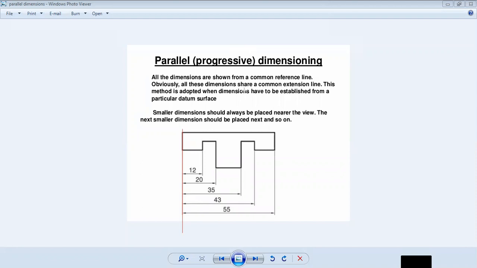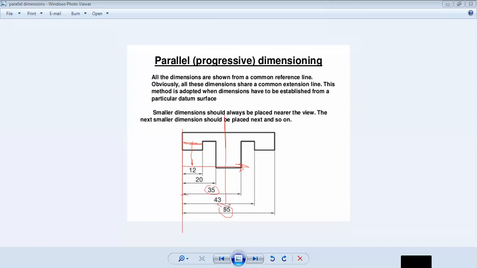Now one more thing, pay attention here. This is 12. Am I correct? See where it is written: it is exactly at the center. Then this is 35, up to this, so 35 is written almost in the center. Same way 55 is almost in the center of the whole object.